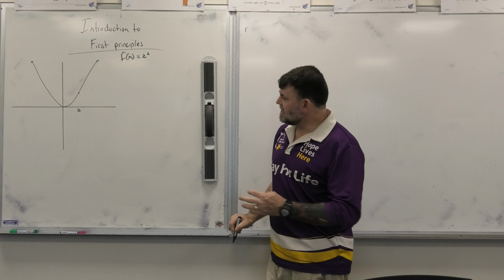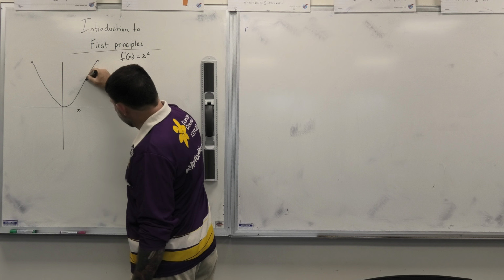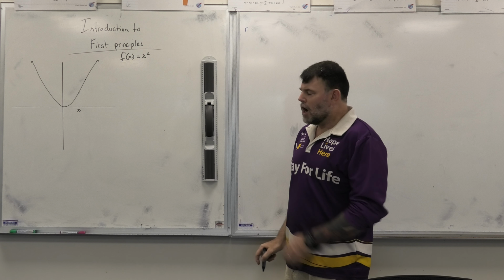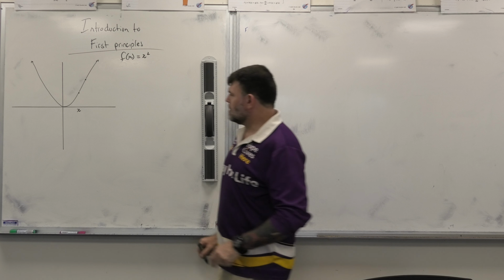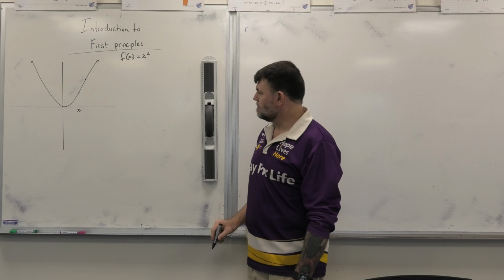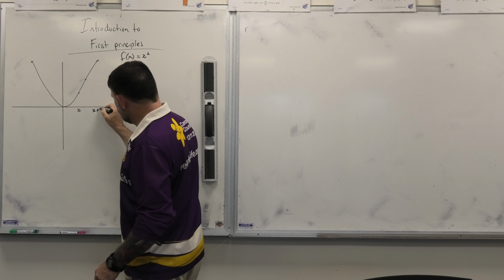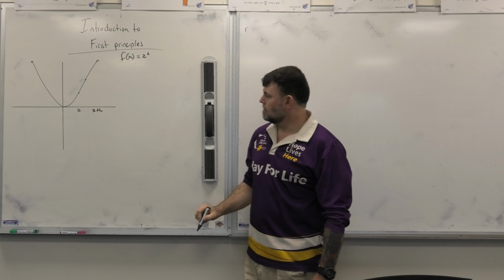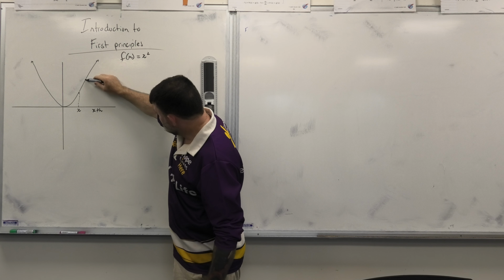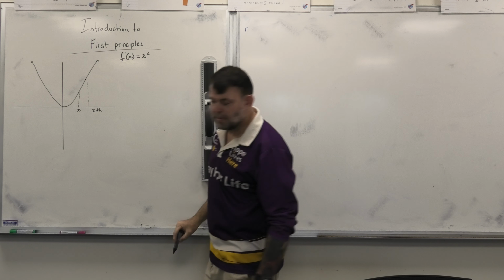And then we might say, well, let's take another spot on this curve and let's call this part up here, that second spot. I don't know anything about that spot except that it's some distance away from x. So we'll call this x plus h. So this point here is x, and this point here is the x plus h.